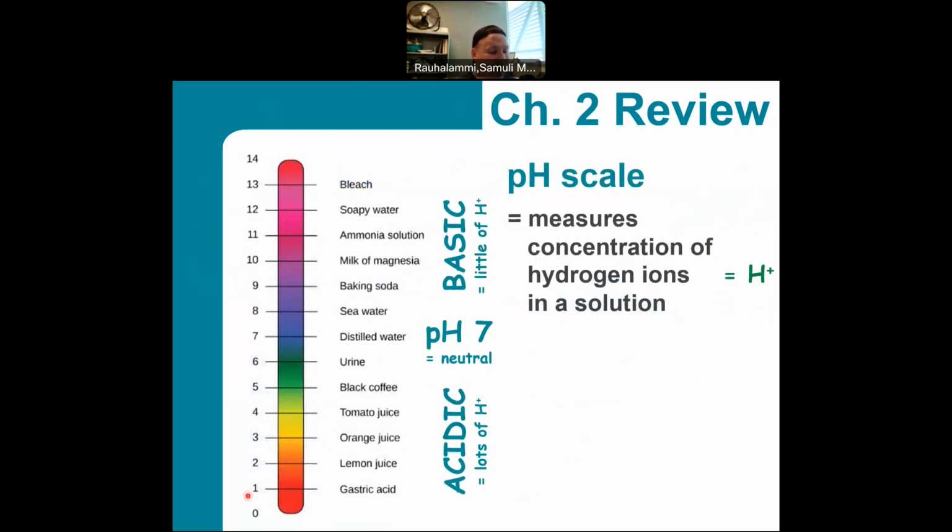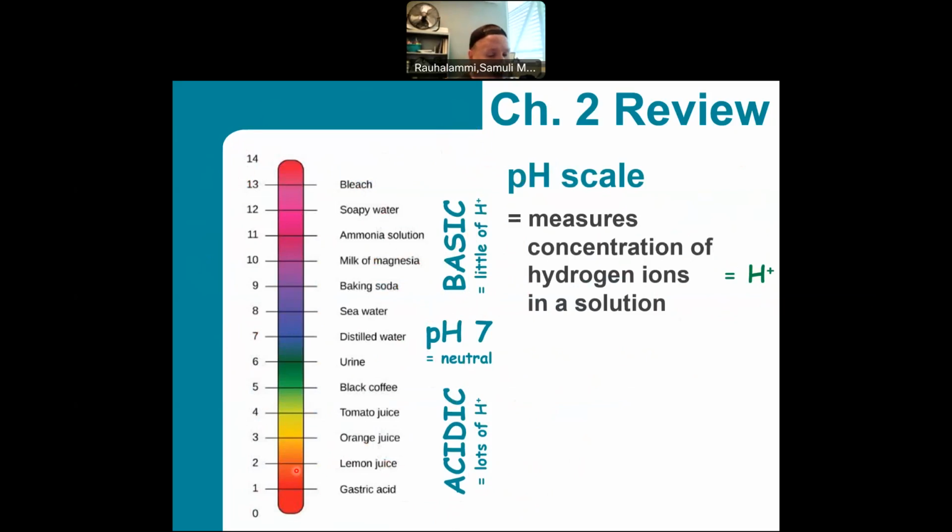And the pH scale runs all the way to 14, 7 being the middle value, anything below 7 being acidic, which means that there are lots of hydrogen ions in that substance. Values higher than 7 tell us that they're basic solutions, so there are fewer hydrogen ions in these solutions.